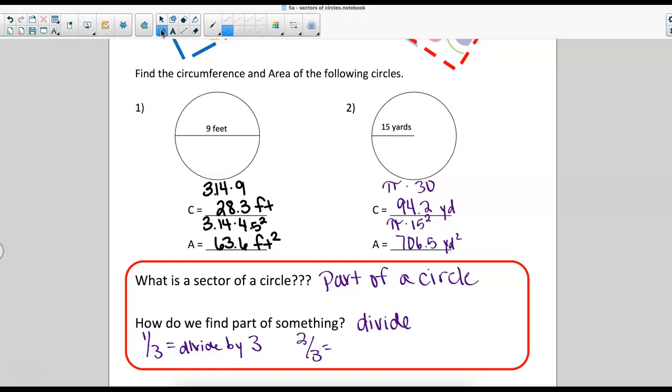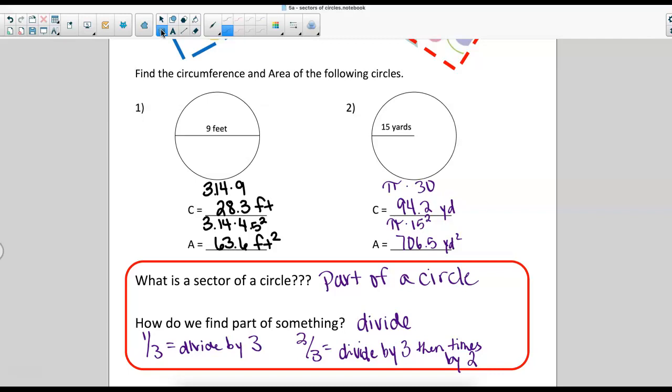Emily? Right, or multiply by 2. So if I want 2/3, I'm going to divide by 3, then times by 2, because I want 2 of those.